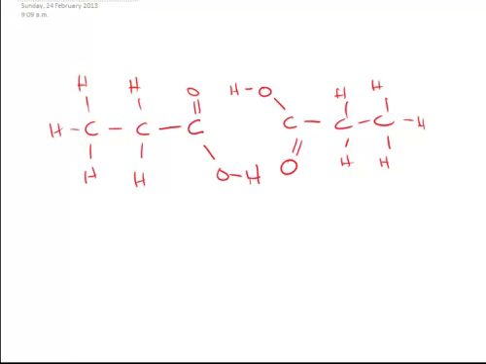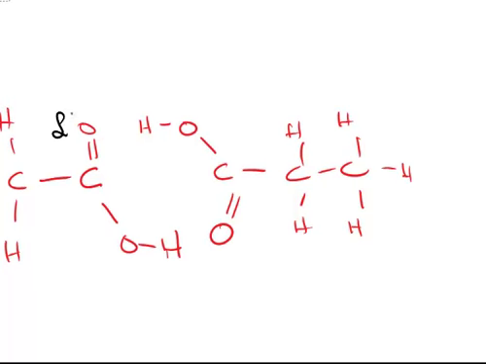Now just to clarify, in carboxylic acids, I'm not ignoring this oxygen here. In fact, because of the double bond here and the electronegativity of the oxygen, this is a significant dipole. It's very highly polar. Not as much as a hydrogen bond would be maybe, but the actual hydrogen bonding occurs between here.